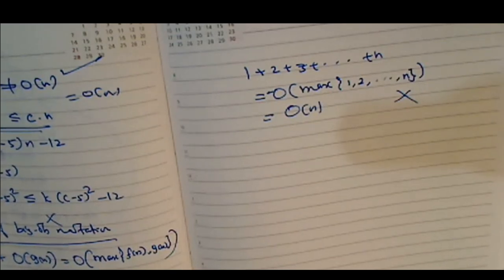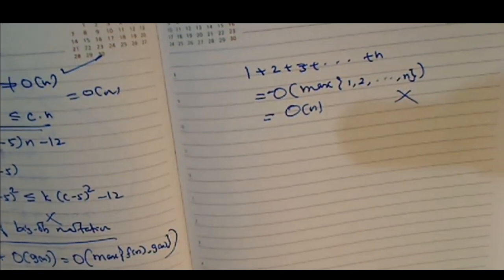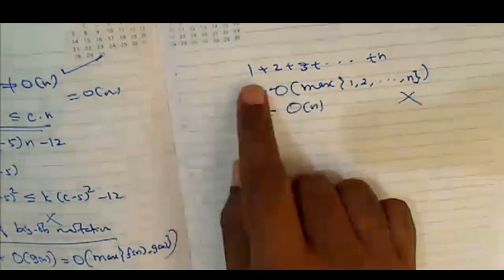Okay, no problem. You see, initially what I mentioned is that the functions f and g are in terms of the size of the input. This is from the set of natural numbers to the non-negative real numbers. Is 1 the size of the input?